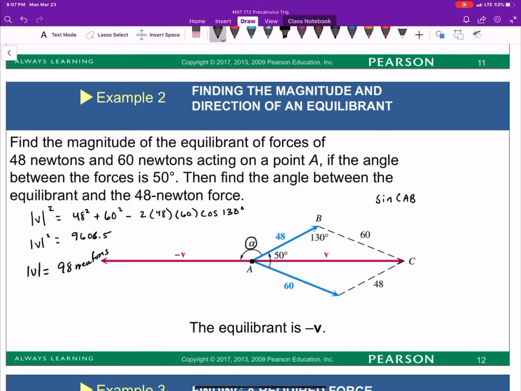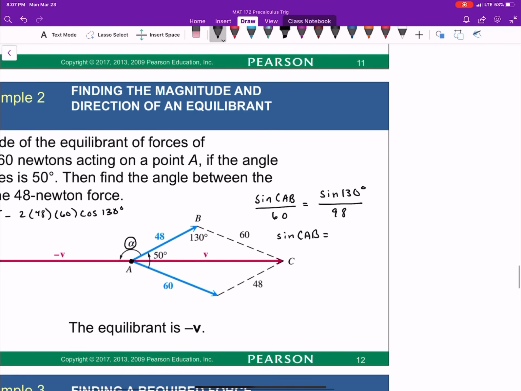So we have the sine of CAB over 60 is equal to the sine of 130 over 98. So the sine of CAB is equal to 60 times the sine of 130 all over 98.